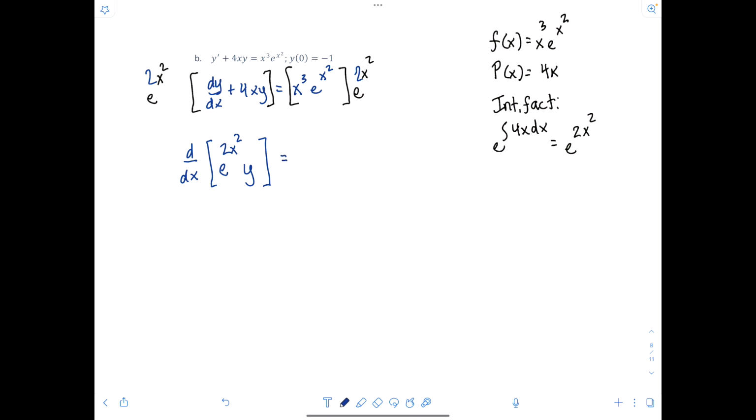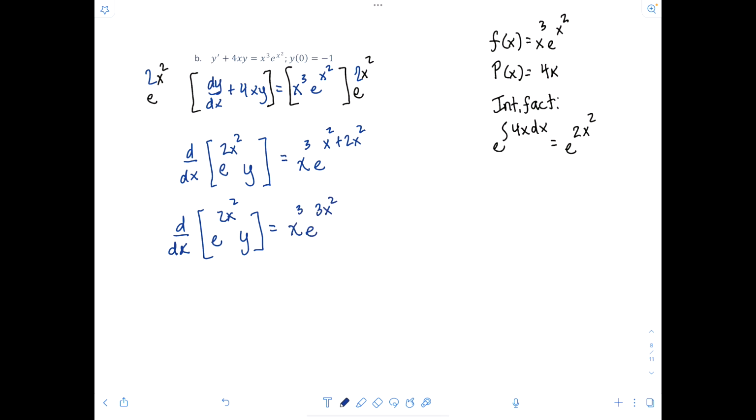On the right side, we will have x cubed times e to the x squared plus 2x squared. So we'll have d dx of e to the 2x squared times y equals x cubed times e to the 3x squared, adding those exponents.